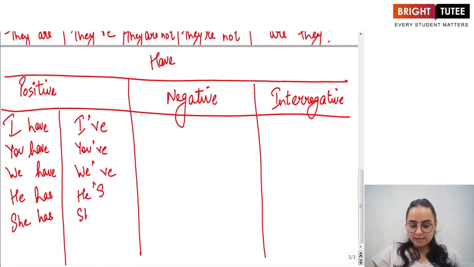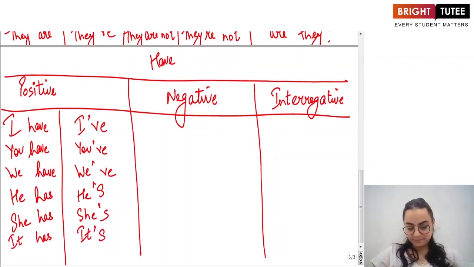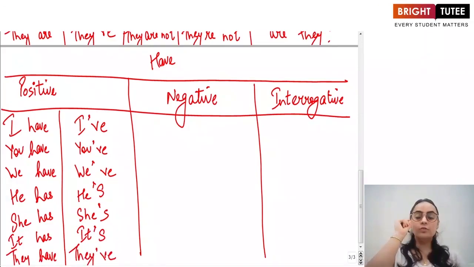She has, and the short form becomes she's. It has, and the short form becomes it's. And they have, the short form becomes they've. So this is how the present forms of the verb have will be.